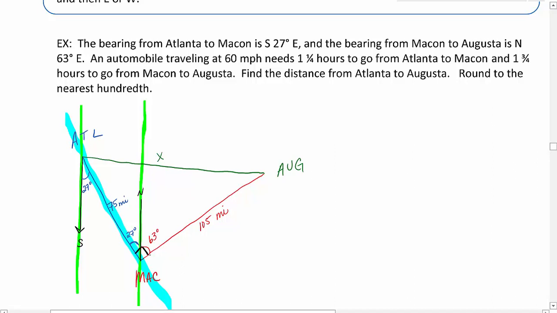So I'm going to do a breakout triangle to the side. Here's our right angle. This is 75 miles. This is 105 miles, and we're looking for x. Again, in this example, we don't even need trigonometry.